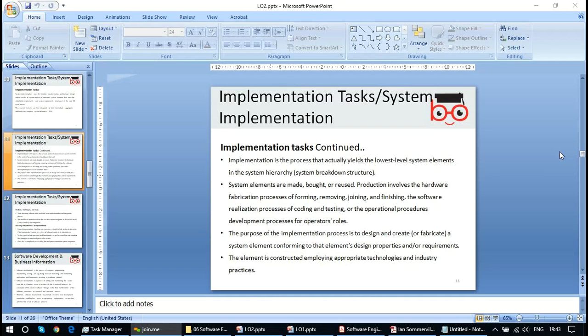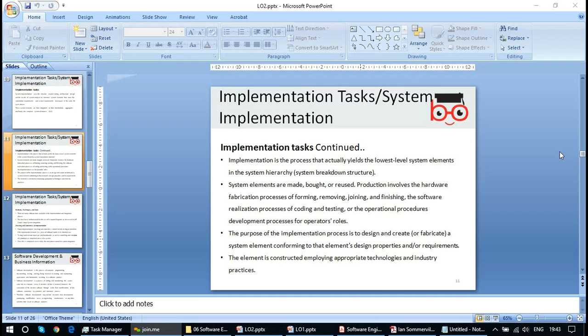You start from the top level, like requirements, and then the design, and the bottom level is the implementation. Then system elements are made, bought, reused. Production involves the hardware fabrication process of forming, removing, joining, finishing, and the software realization process of coding, testing. So that's basically the implementation tasks.